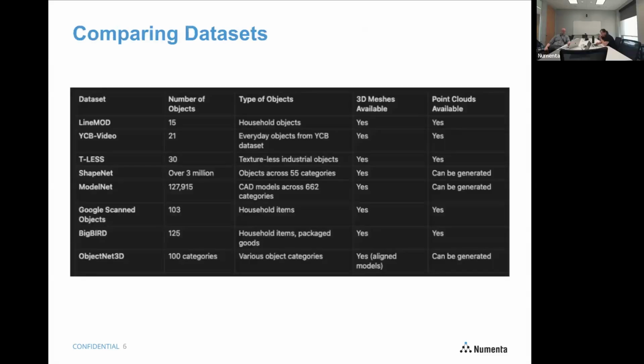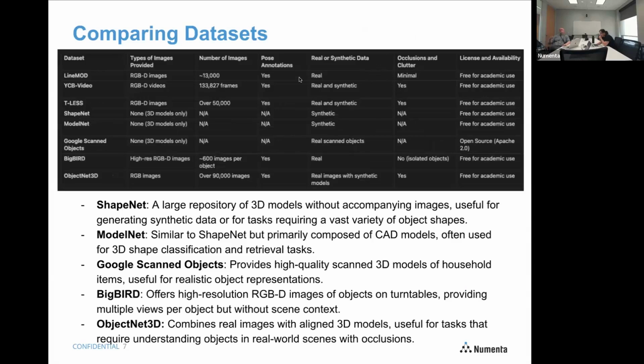So probably I'm not going to go into all of that, but there's a lot more than these. Some of them I heard are already implemented, like ShapeNet and ModelNet, but from what I see, they don't have pose annotation, so I'm not sure how it was used in Monty before.